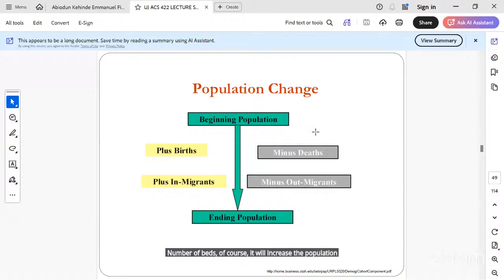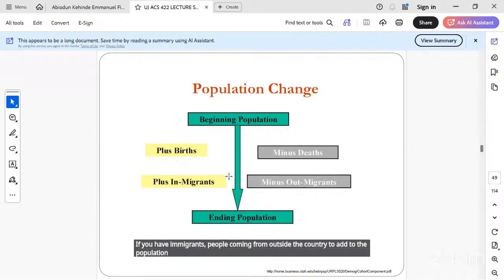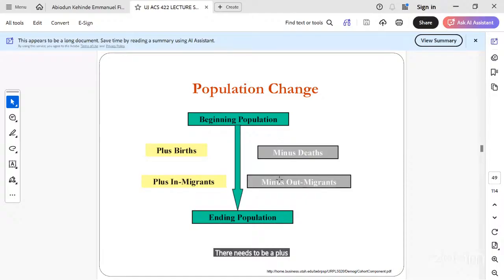But if there are deaths, you will have to reduce it. If you have immigrants, people coming from outside the country to add to the population, then it will be a plus. And if you have people moving outside the country, those ones will be minus.